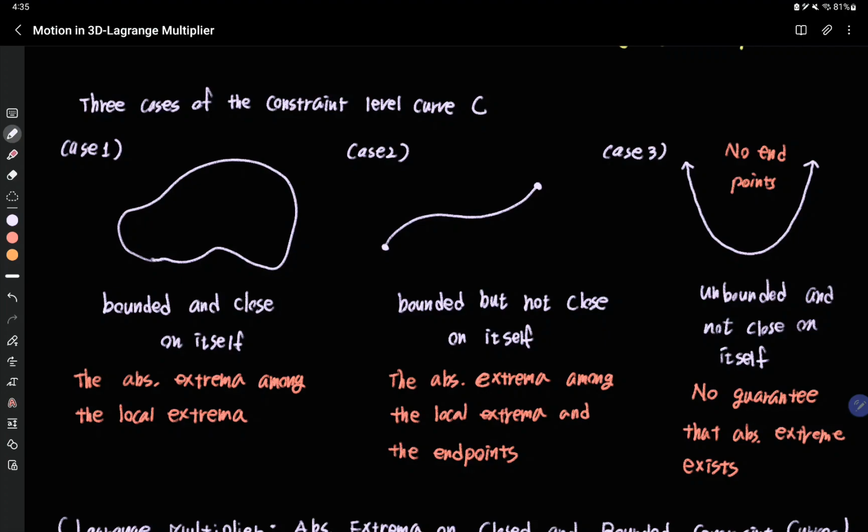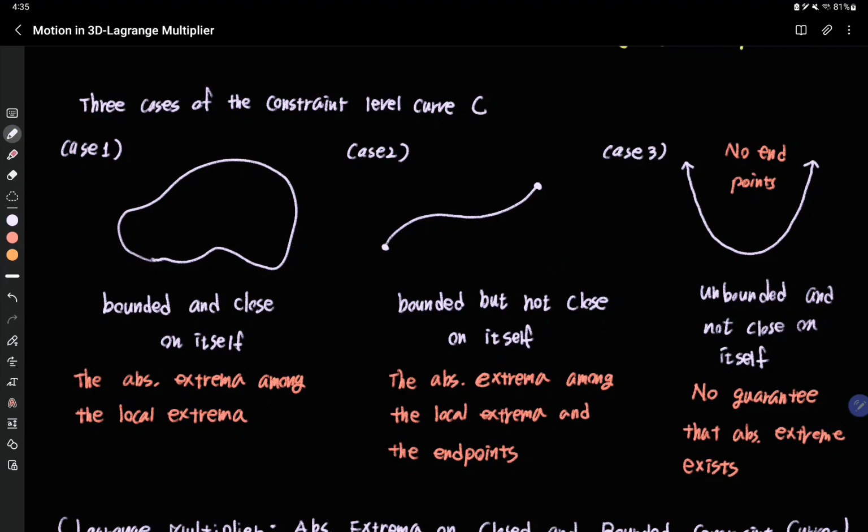Then the second case, bounded but not closed on itself. This is bounded, but you see that the starting point and the endpoint are not connected. In that case, you have to evaluate function f at the endpoints to find the absolute extrema.